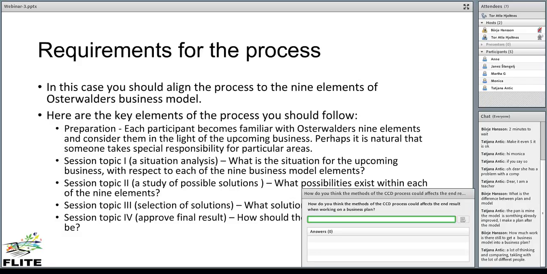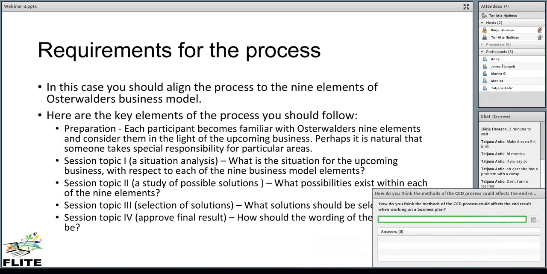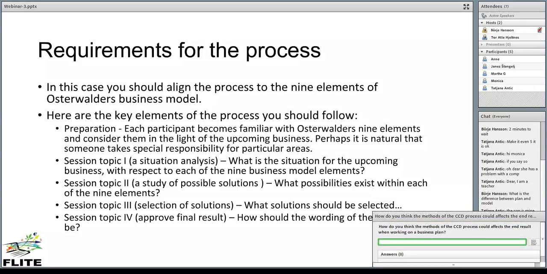In your student group, each participant should become familiar with Osterwalder's 9 elements and consider them in light of the upcoming business or the business idea that has been suggested and that you will work upon. Next, we suggest that you have a session called situation analysis, where you look at what the situation is for the upcoming business or business idea with respect to each of the 9 business model elements.